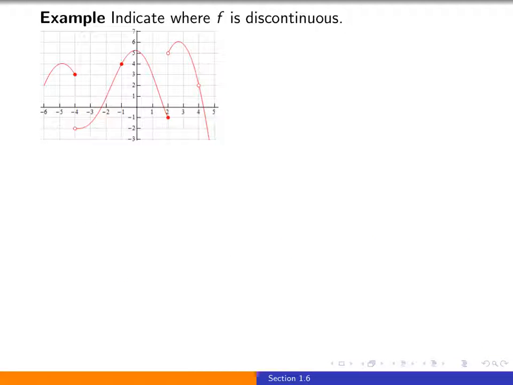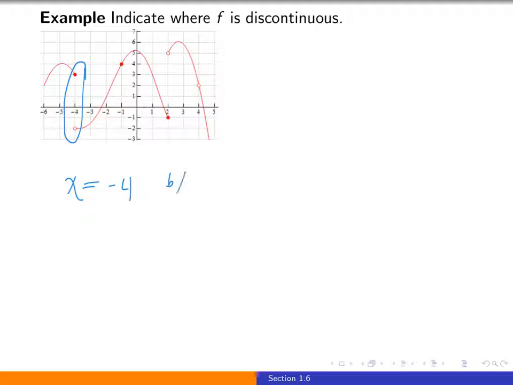So let's indicate where the given function f is discontinuous. While investigating this graph, I'm seeing 3 points that are jumping out at me. The first would be what's happening at x equals minus 4. It is discontinuous at x equals minus 4. The ideal solution would be something that gives a reason.